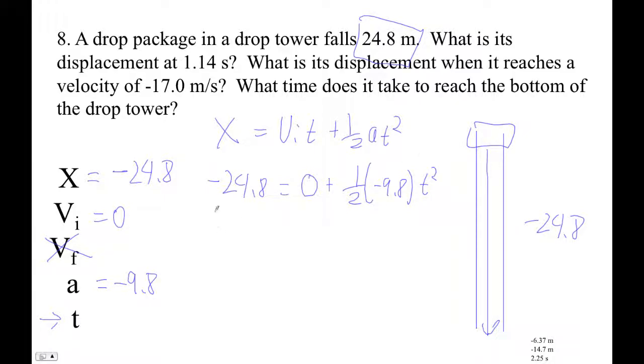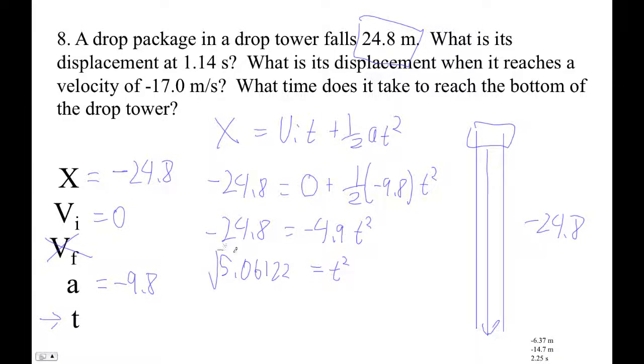And now we got to solve that guy. So it's negative 24.8, and then 1/2 of negative 9.8 is negative 4.9. And now I'm going to divide 24.8 by 4.9. I get 5.06122 is t squared.